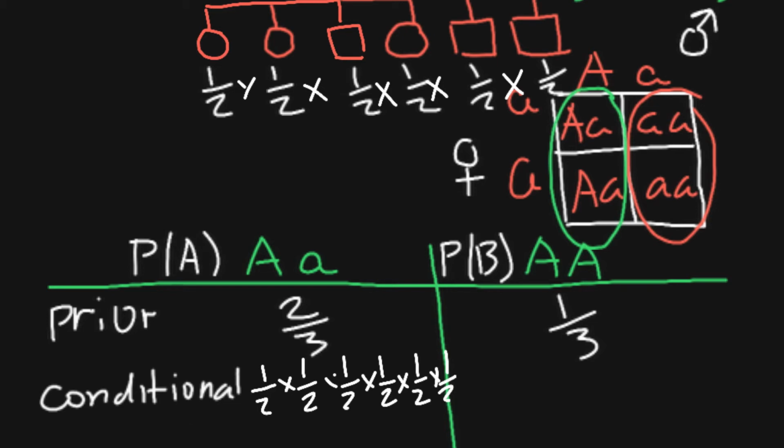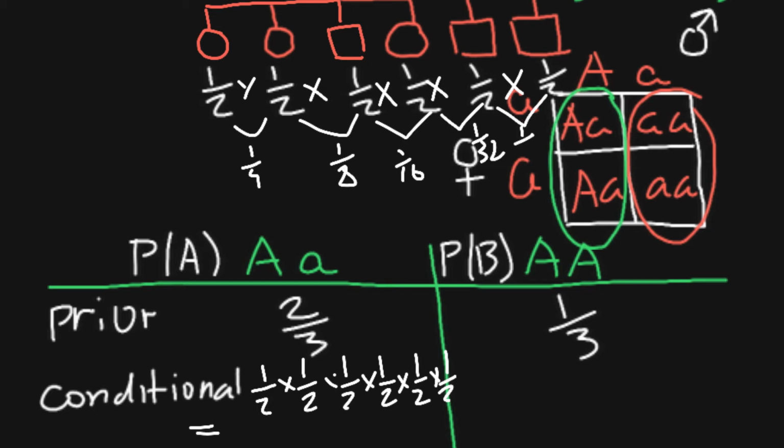So probability would be 1/4, 1/8, 1/16, 1/32, and 1/64.